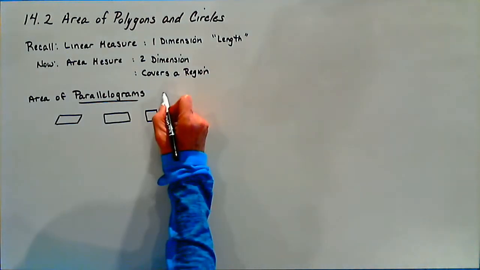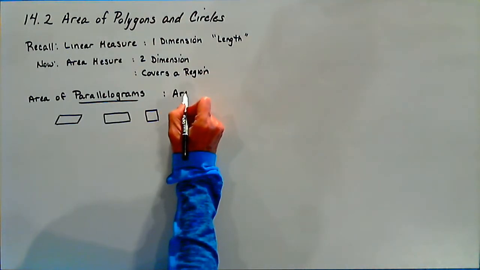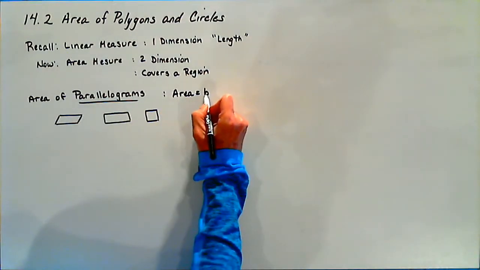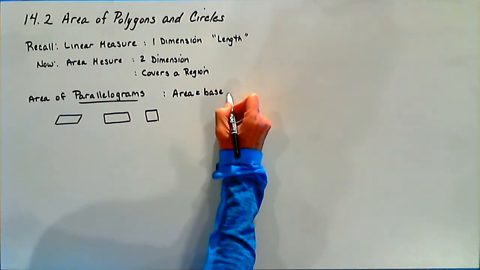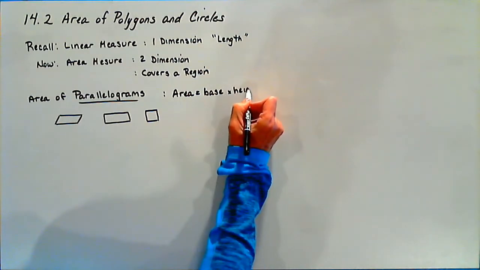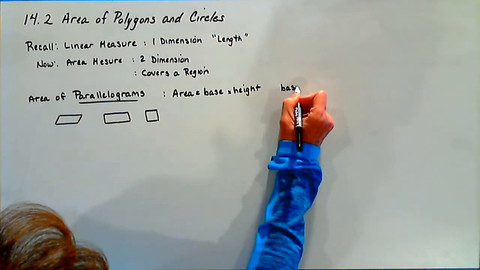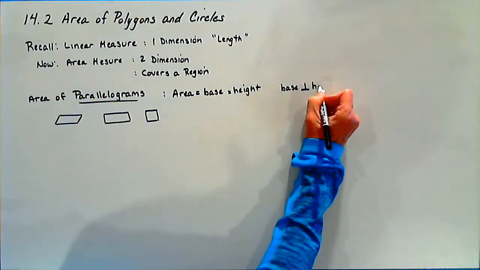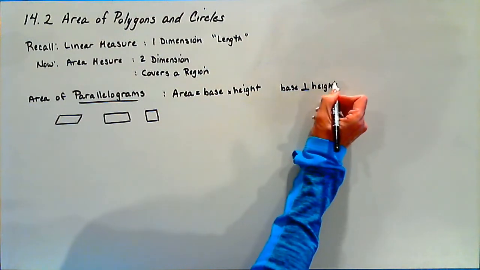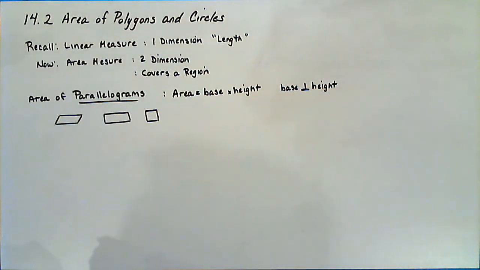And the area of a parallelogram is always the same. Area is always base times height, where the base is always perpendicular to the height. So it really doesn't matter which side you call base and height.